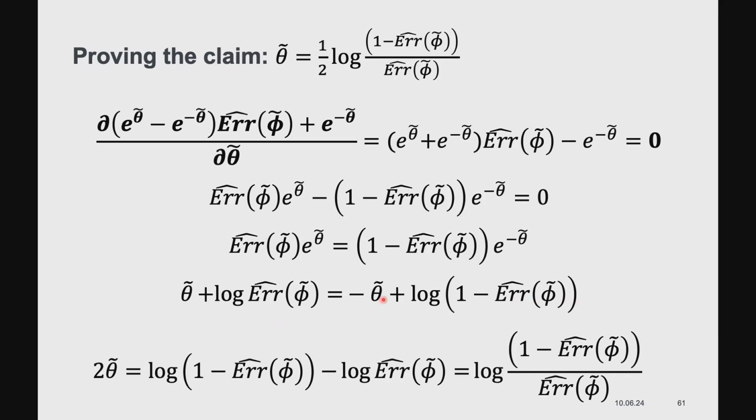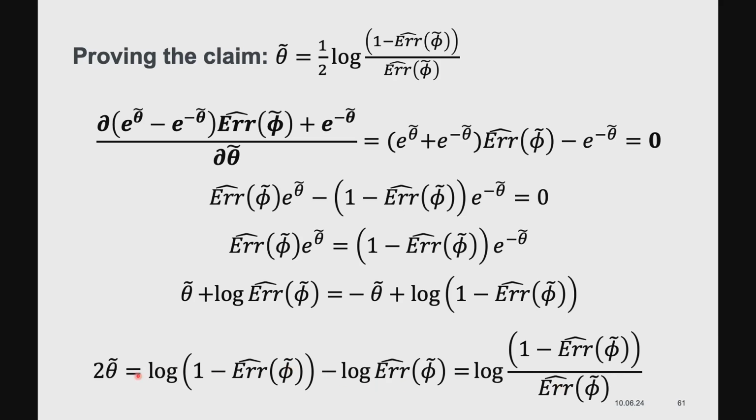And now we can resolve for this theta tilde. We put this theta tilde on the other side and this on the other side. And with this, we have this term. And since we subtract the two logarithms, we can further simplify that to the fraction, which is nothing else than the log odds of the error rate.